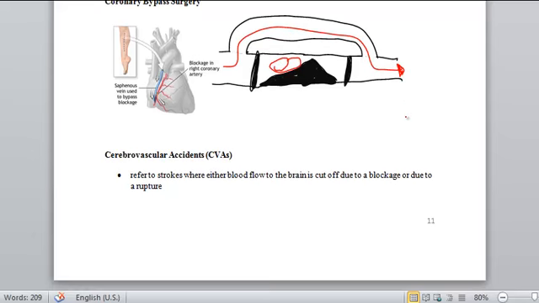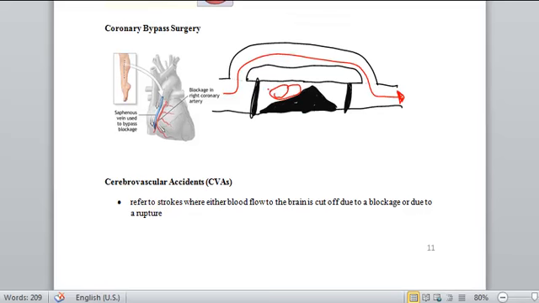Okay? And just as I mentioned above, and I put it down here in case you were unsure, cerebrovascular accidents, CVAs, just refer to a stroke. And this is either where blood flow to the brain is cut off by a blockage or due to a rupture. So that's another downside. When the blood pressure fills up here, it starts building up because of the blockage.